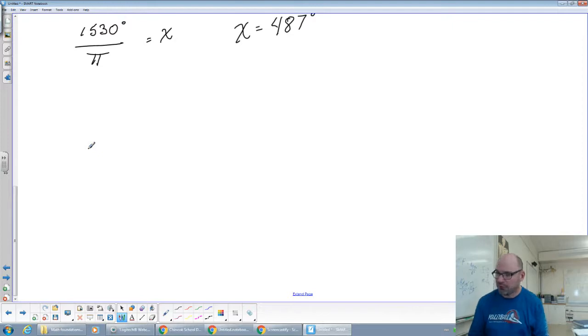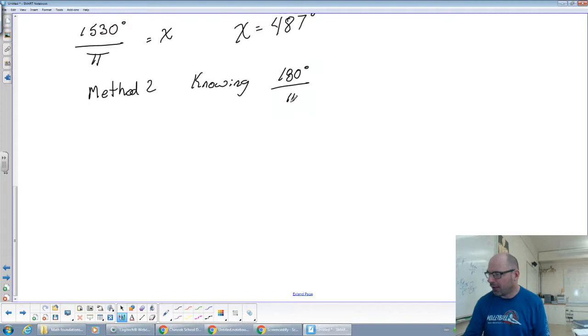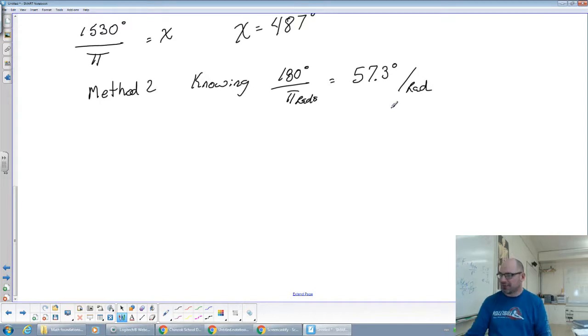So method 2, knowing that 180 degrees is pi radians, if we divide that out, this equals 57.3 degrees per radian. Okay, so that's the relationship there.